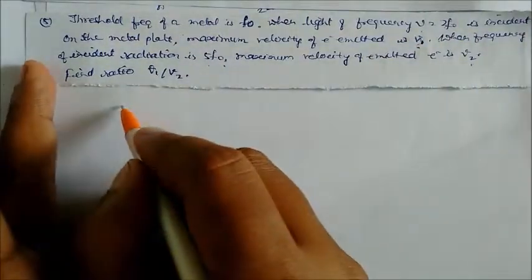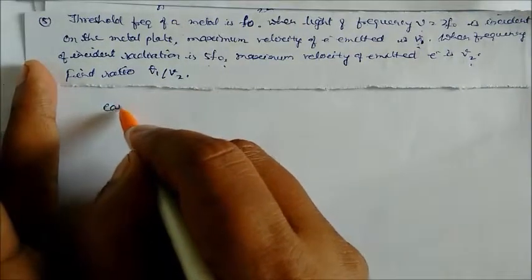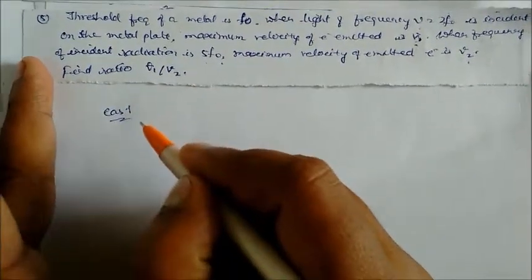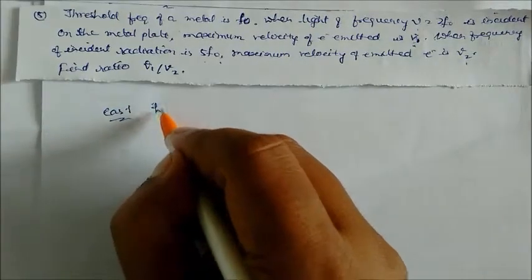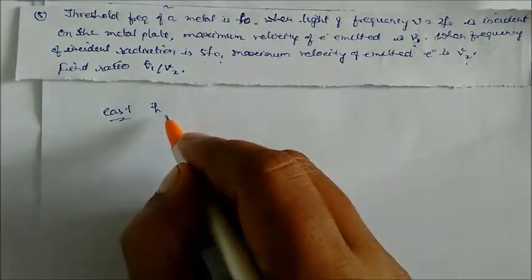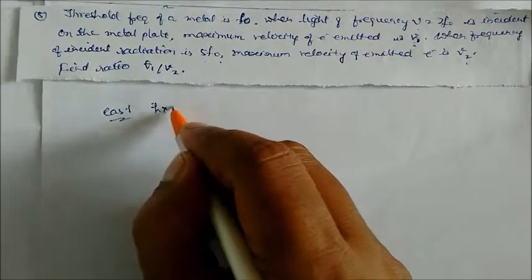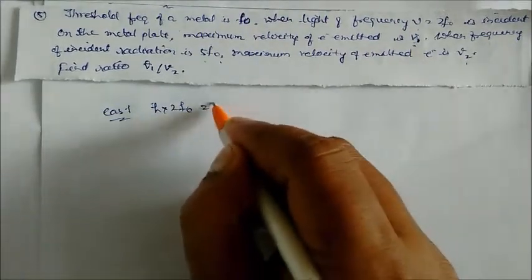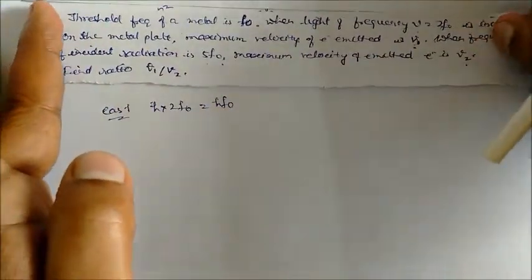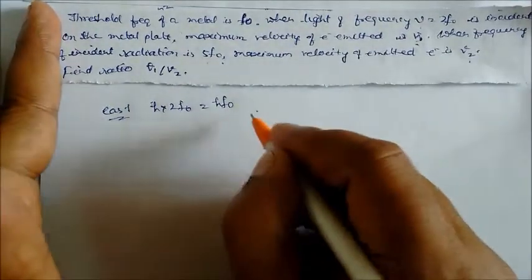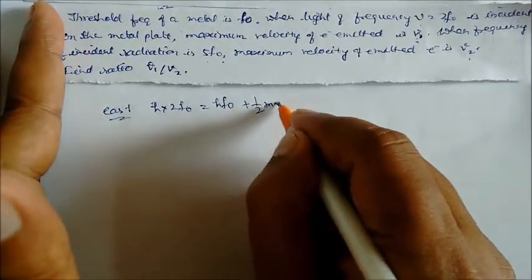First we write case 1. Frequency is given here, so write h into 2 f0 is equal to h into f0 plus half m v1 square.